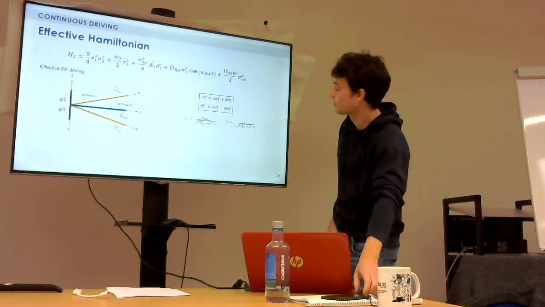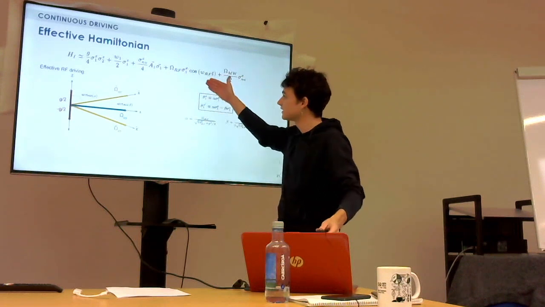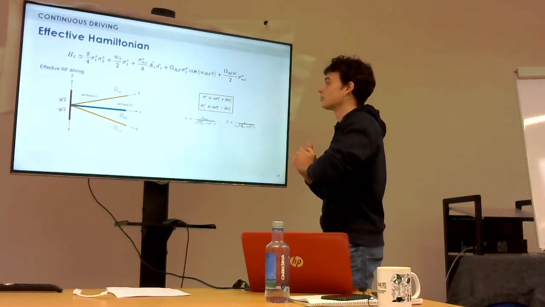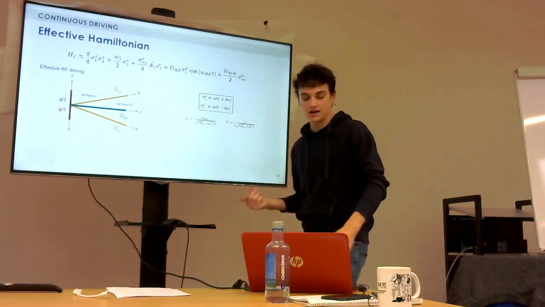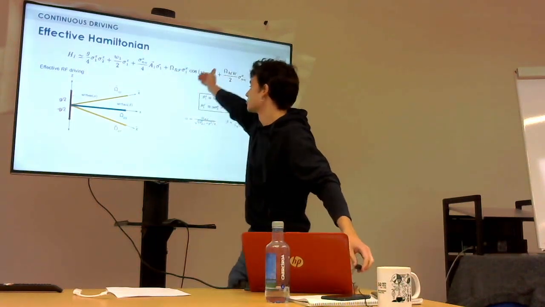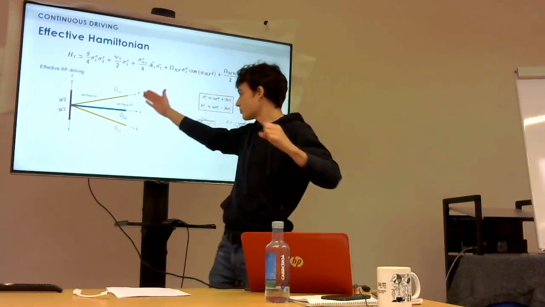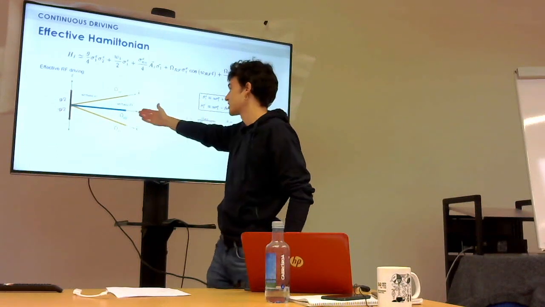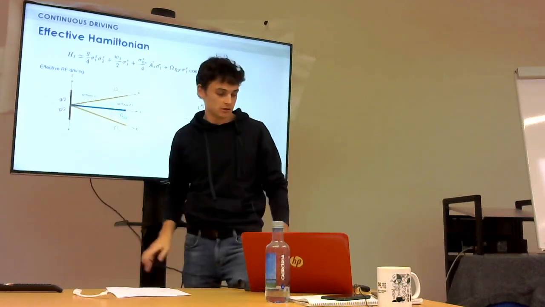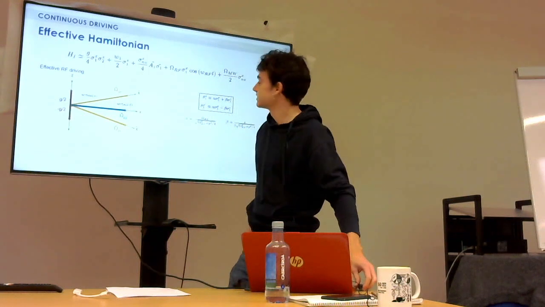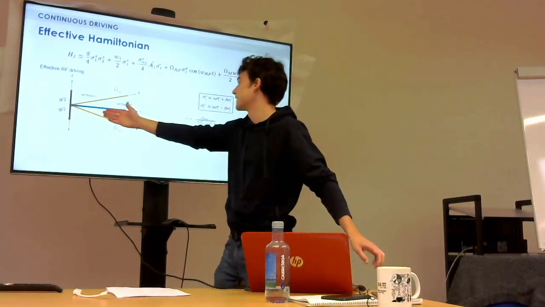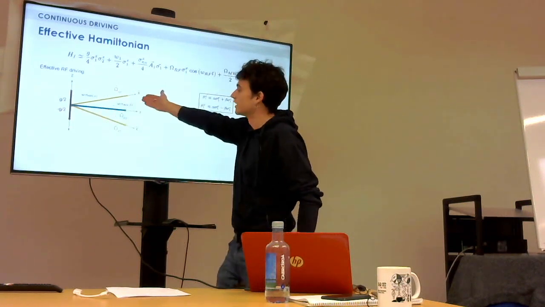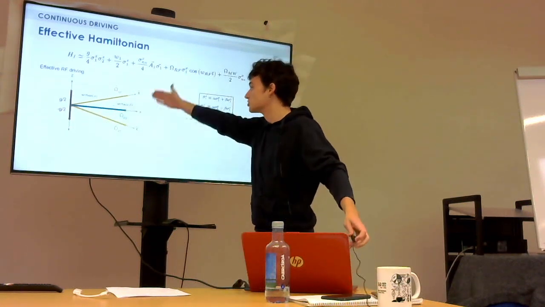So from this Hamiltonian and working a little bit, we end up being able to define some effective radio frequency driving. Working a little bit with this expression, we are able to see that there's a component in the sigma x direction, and a component in the sigma z direction. So in the end, we can define an effective radio frequency driving in a new direction or a new axis, or actually two new axes.